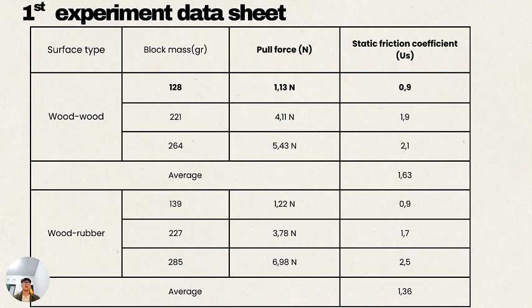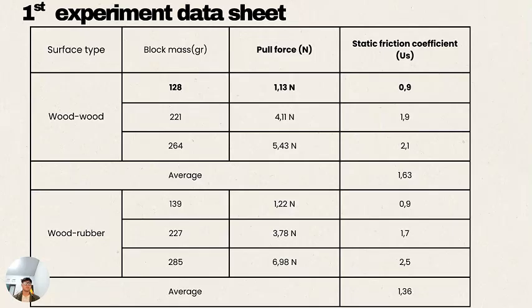The pull force of each is 1.13 newtons, 4.11 newtons, and 5.43 newtons. The static friction coefficient mu s is 0.9 for the first, 1.9 for the second, and 2.1 for the third. The average static friction coefficient for wood to wood is 1.63.